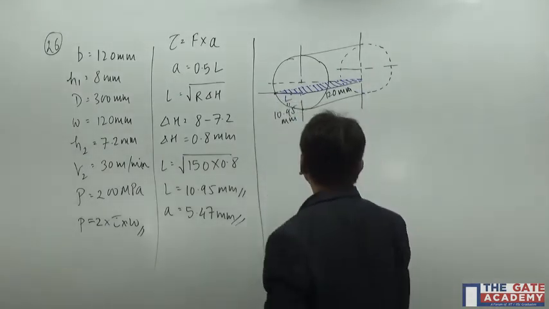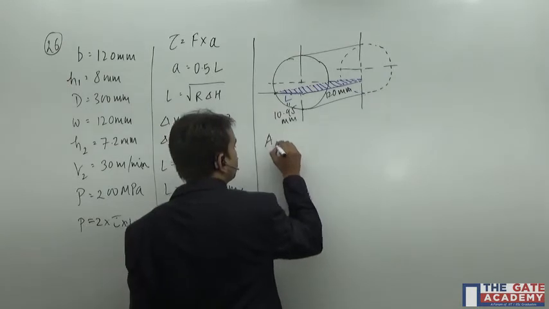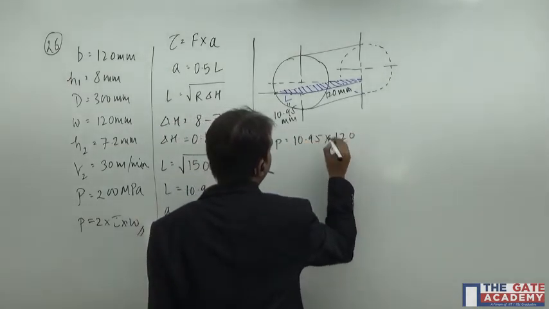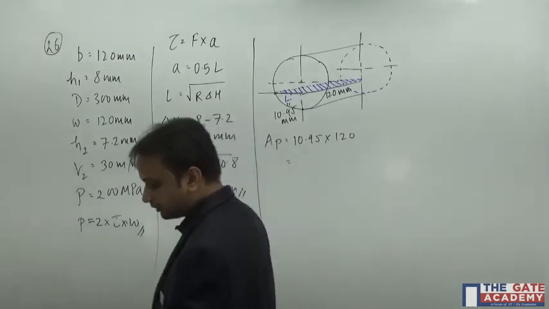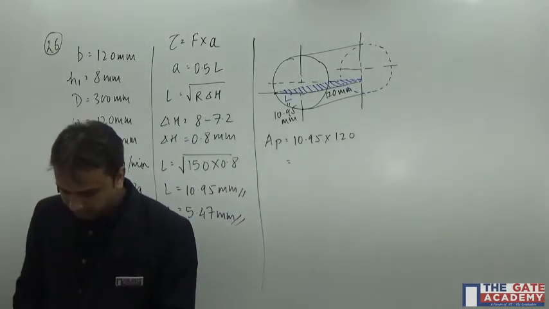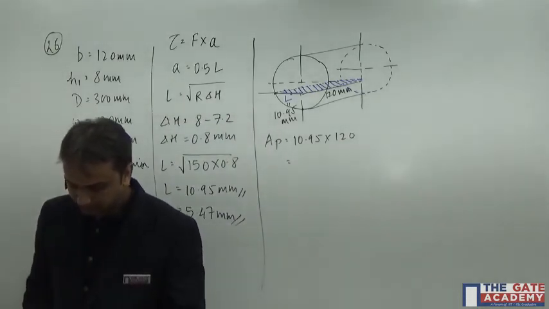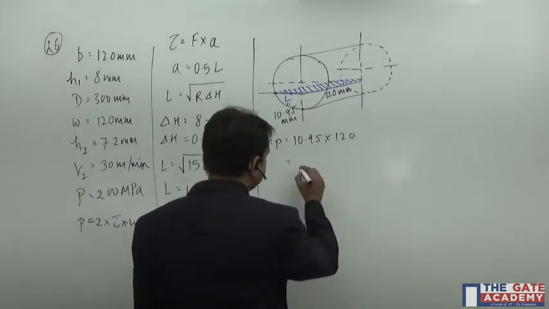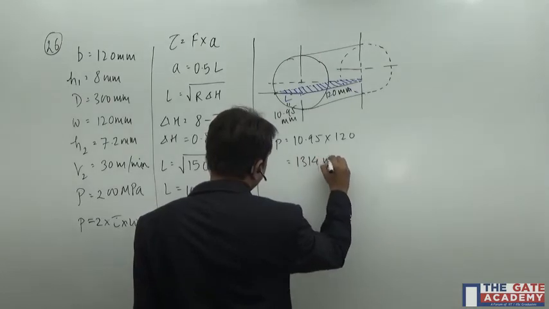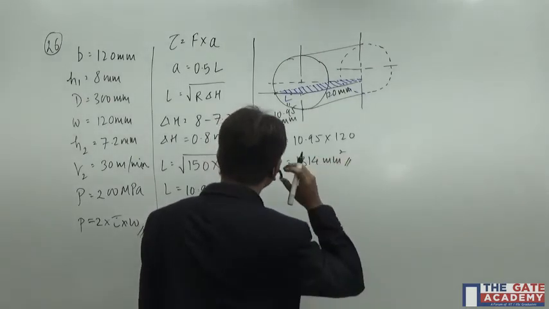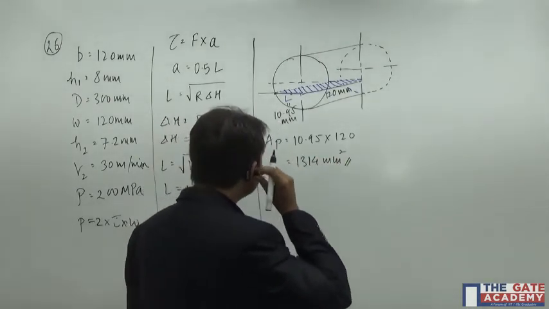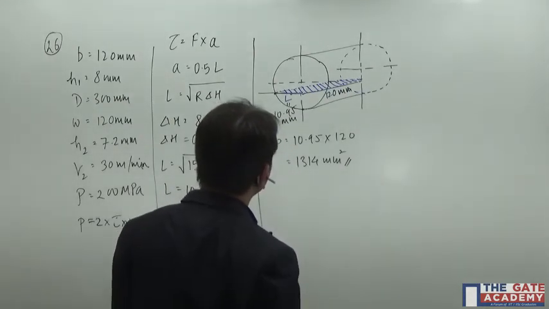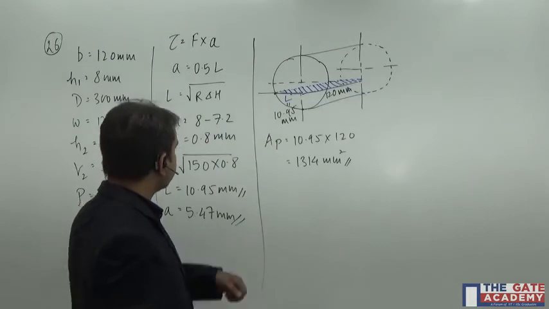So projected area will be given by 10.95 times 120 mm. So if you want to calculate it, it's 1314 mm square. Right? So this is your projected area.